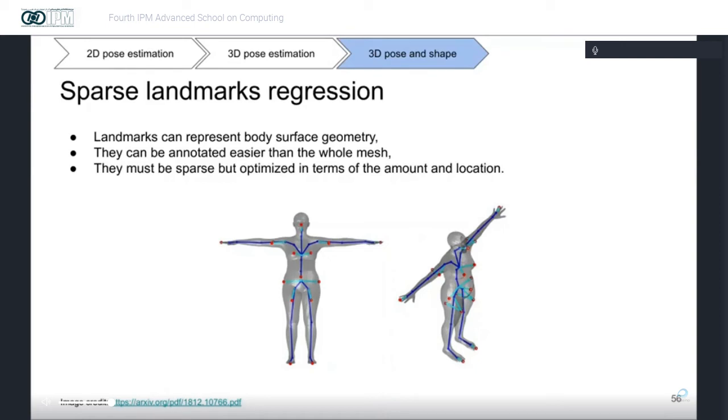Some studies show that 70 landmarks are sufficient to represent the whole body. The number and location of the landmarks can be optimized for specific applications. In this work, 18 landmarks have been used, as shown by red dots.